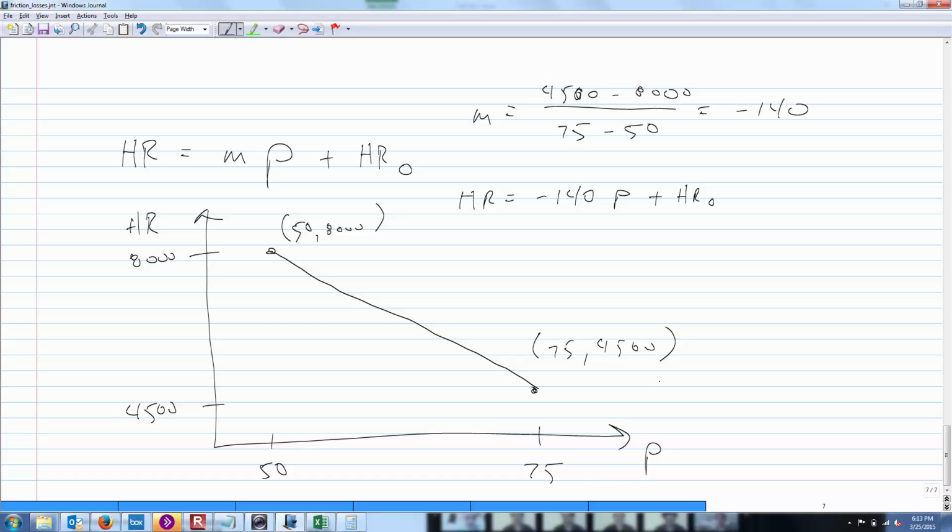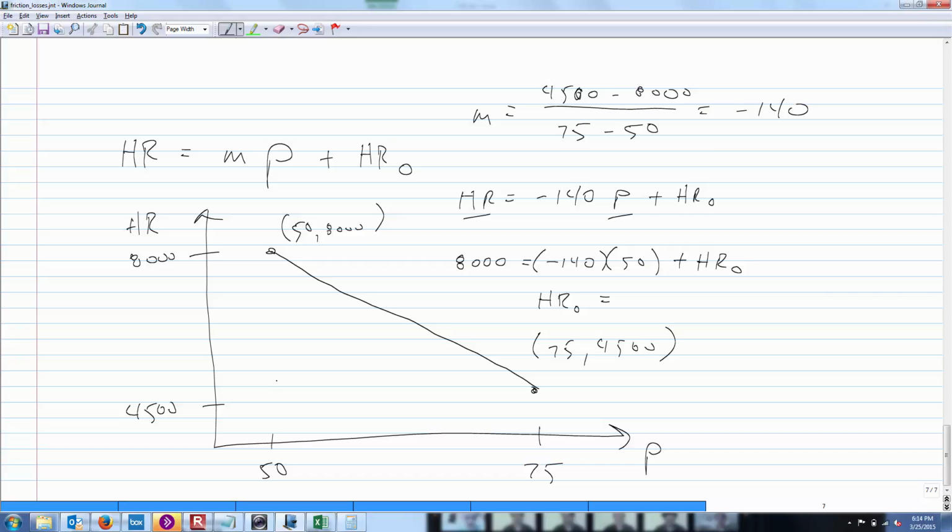Well, how do we get HR naught? All we have to do now is substitute in a couple values for HR and P, and we'll get it. We can just pick whatever we want. We can say 8,000 equals negative 140 times 50 plus HR naught. In this case, HR naught is whatever the heat rate is when the pressure is zero.